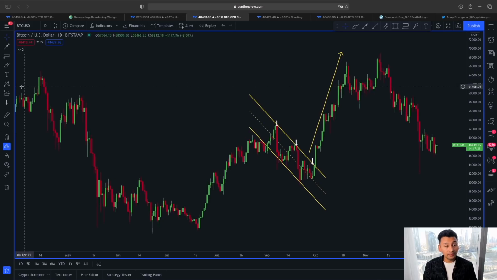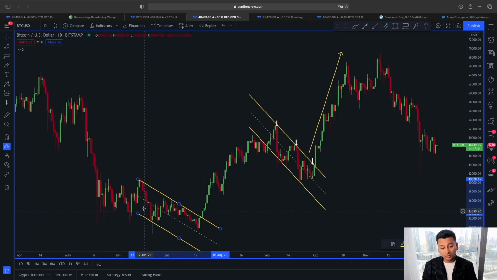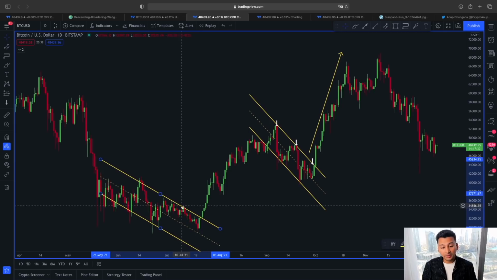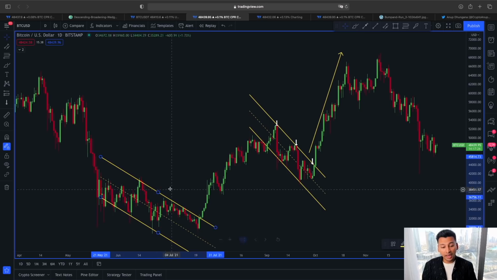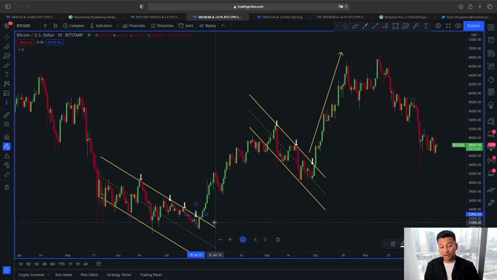And also here, this was also more like a descending channel breakout type of scenario. You can see the upper line was a strong line of resistance and the lower line was a strong line of support, resistance plenty of times, right? But once we were able to break out of it, we started this new move here to the upper direction.